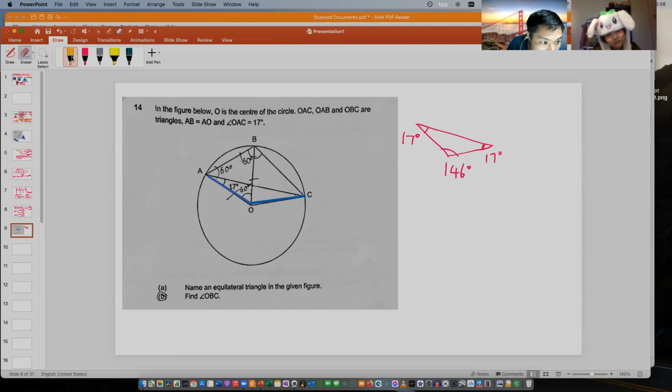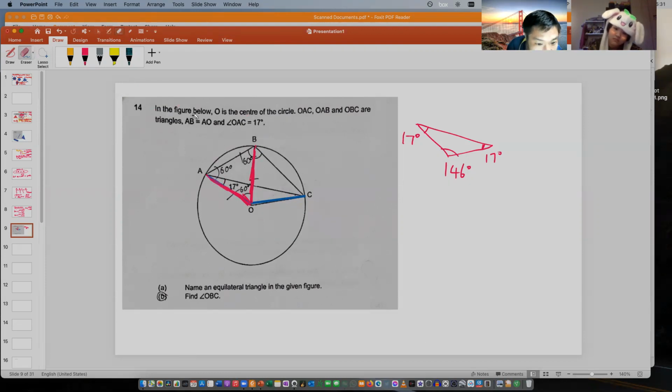Let me use a different color. So this is also the radius. But this one is not the radius. At least you are not told this is the radius, so you cannot say it's a radius.